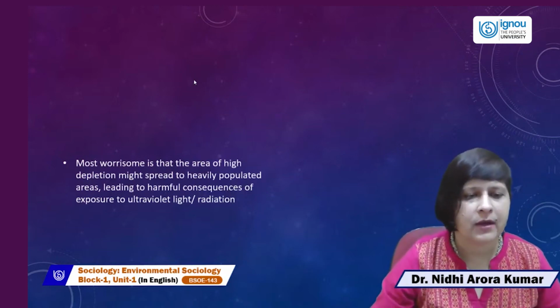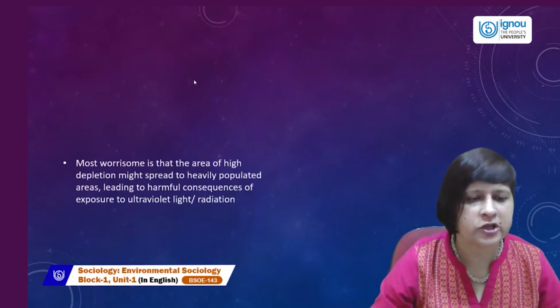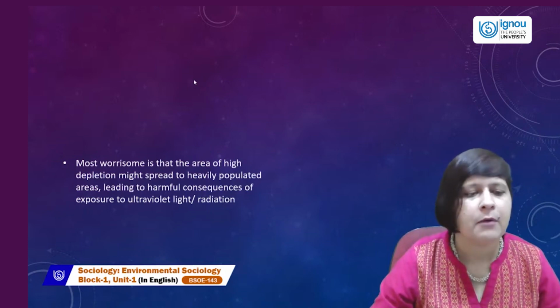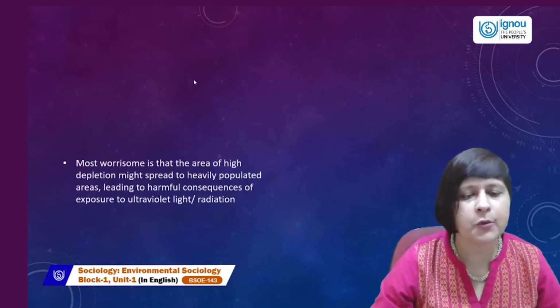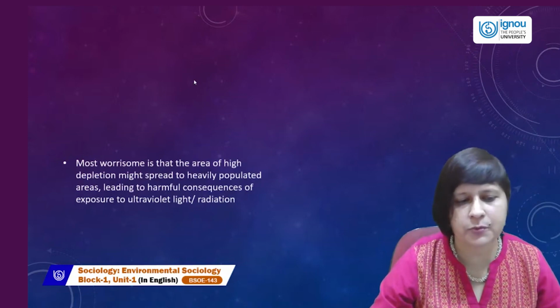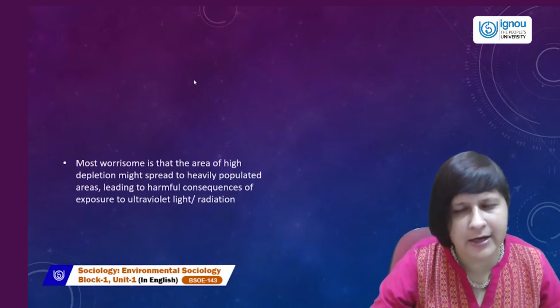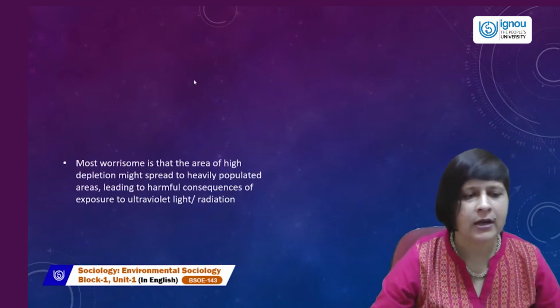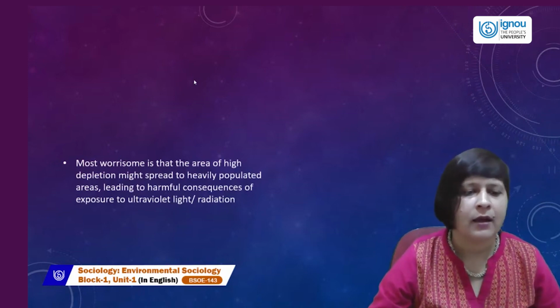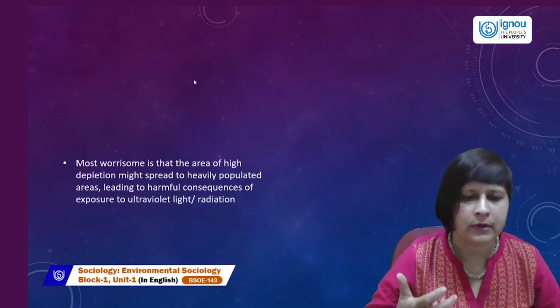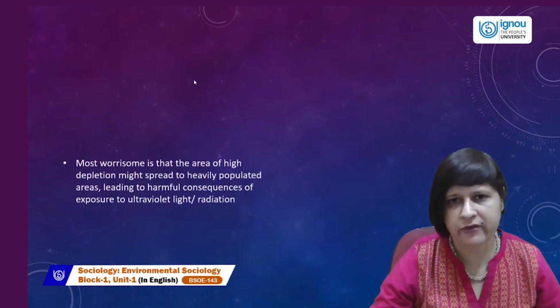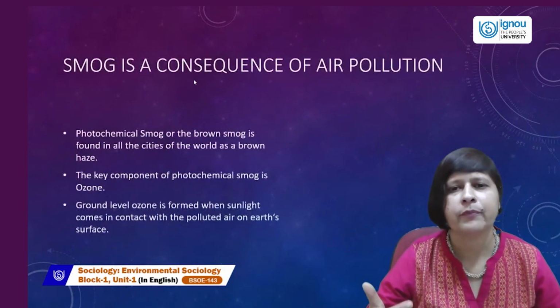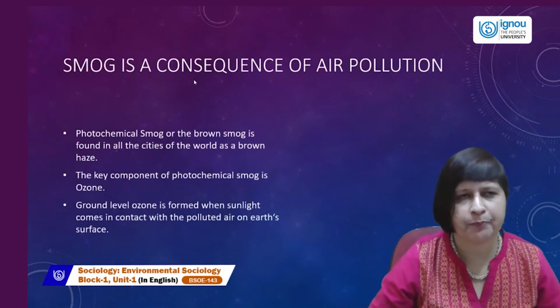Most worrisome is that the area of high depletion might spread to heavily populated areas, leading to harmful consequences of exposure to ultraviolet light and radiation. Obviously, this depletion is high over heavily populated areas because of more human activities.